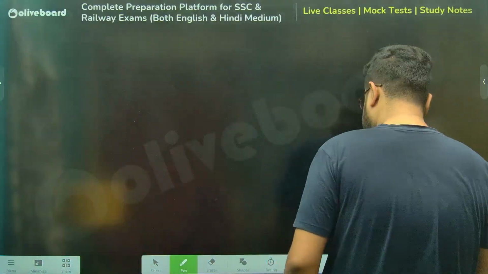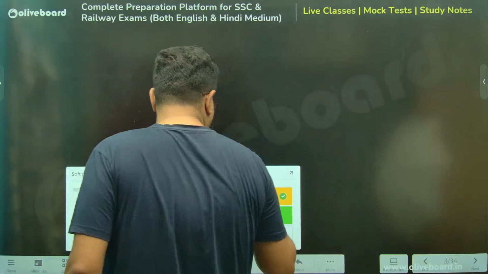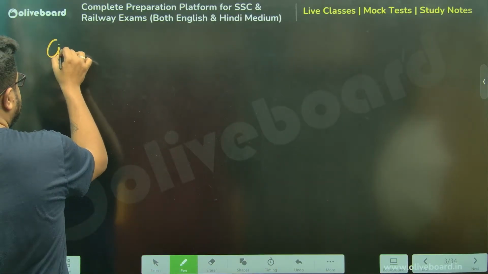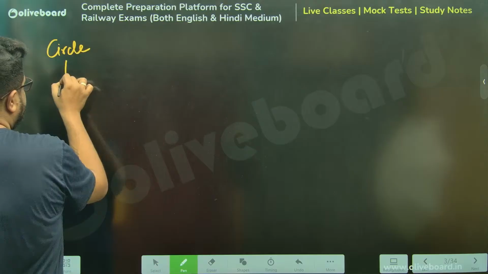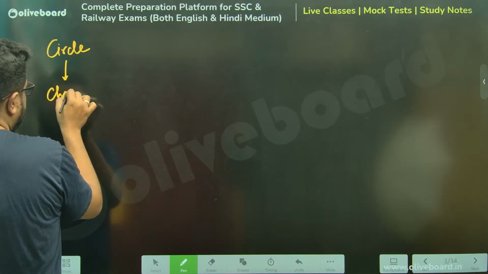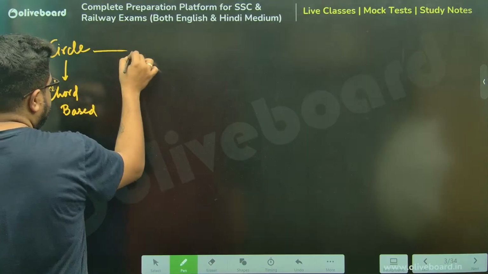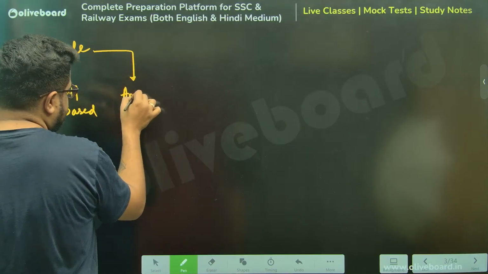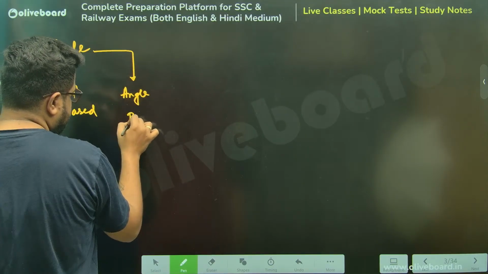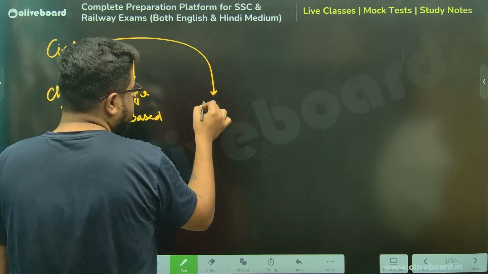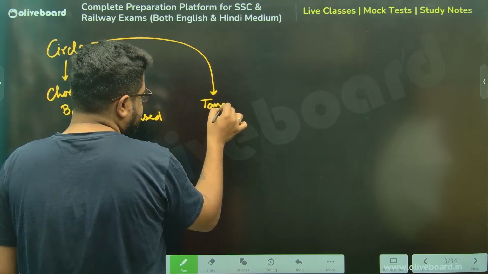Now, sir, let's start. This chapter generally has three parts. First we'll do chord based properties, then we'll move to angle based properties, then tangent based properties, tangent and secant.